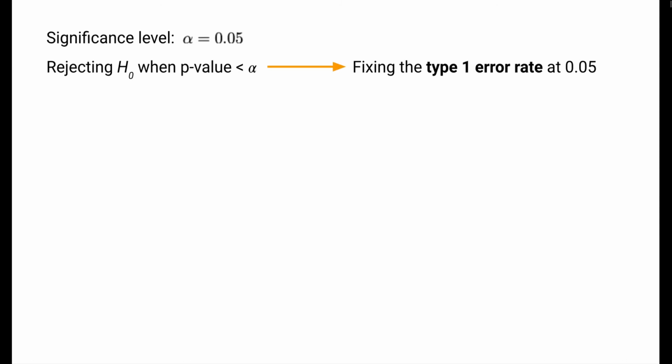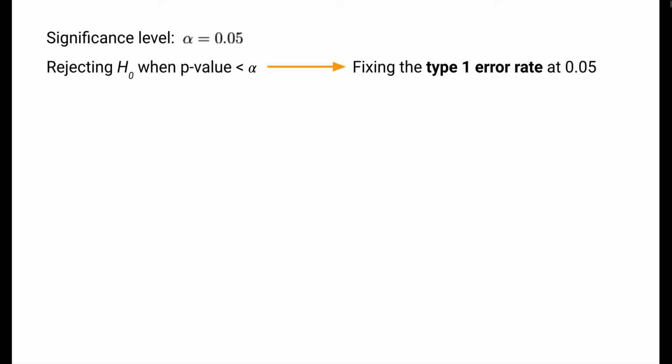It turns out that when we reject the null, when the p-value is less than the significance level, we are actually controlling the probability of making a certain type of error. That error is an incorrect rejection of the null hypothesis when in fact it's true, and it's called a type 1 error.